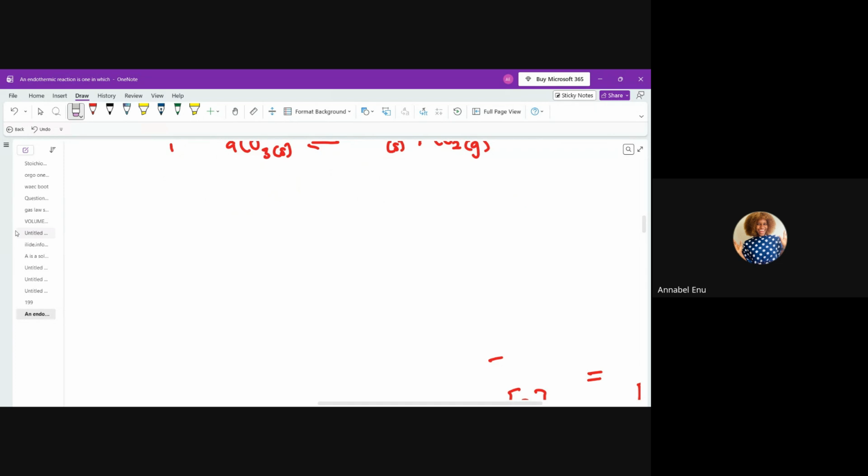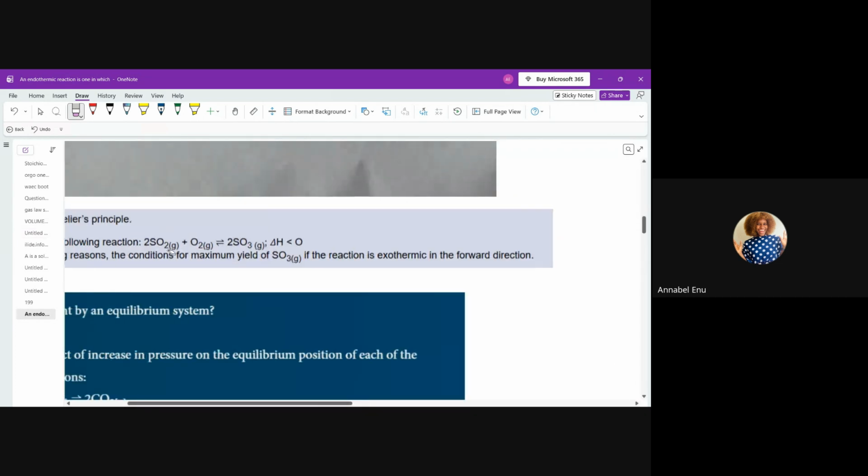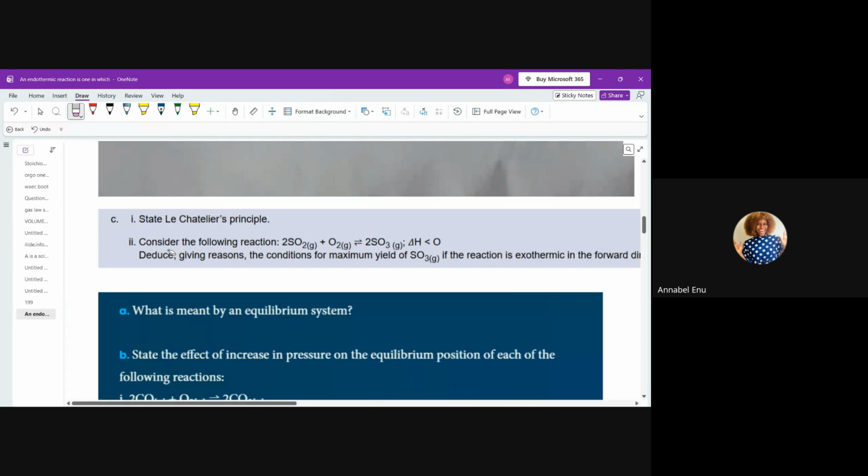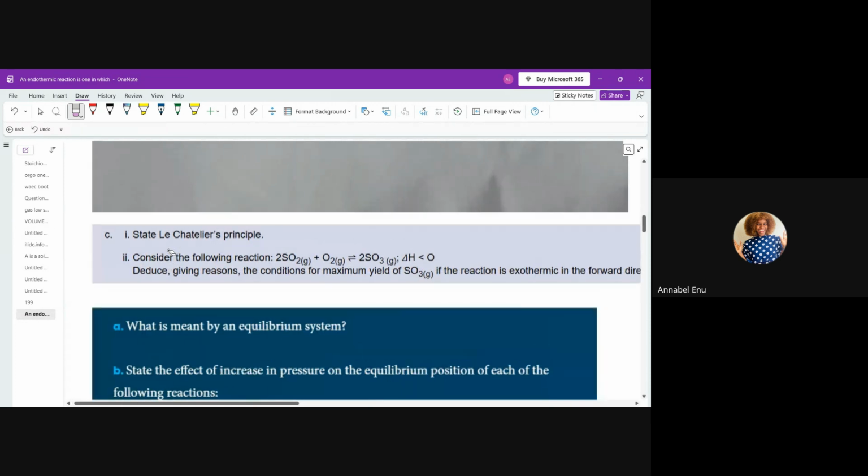So now we have this question, one of your previous year's questions. The first question is to state Le Chatelier's principle. So who knows it? Someone should state it for us. We talked about this in the last class.